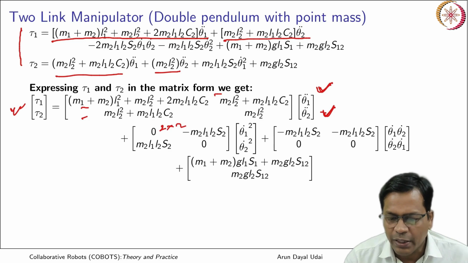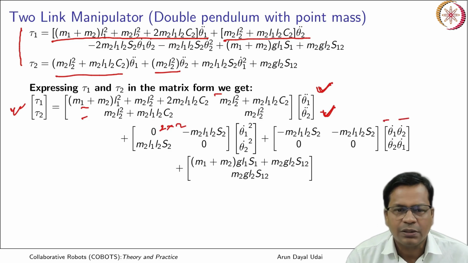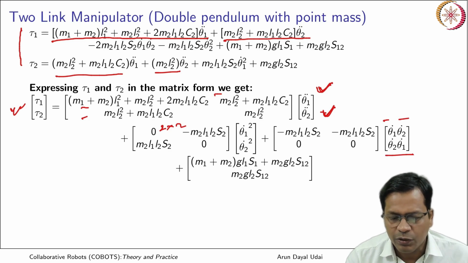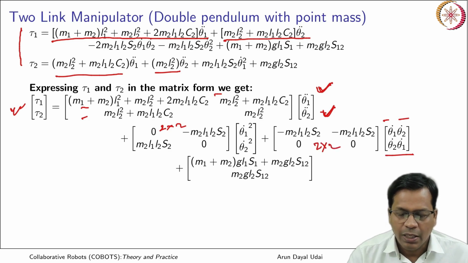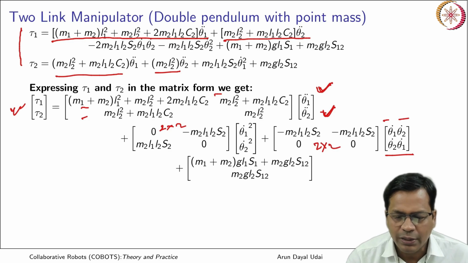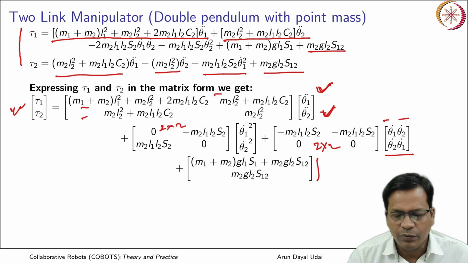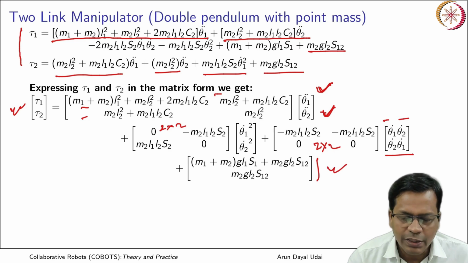The third term has the product of joint rates, that is theta 1 dot and theta 2 dot. Those are considered here, and again you will get a 2 cross 2 matrix. And the terms which are left over last, like these, can all be packed over here. They have g with them. Acceleration due to gravity terms will come like this. So it contains 4 terms.